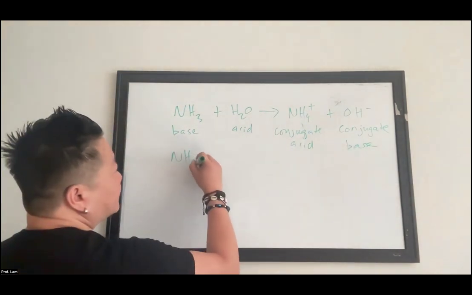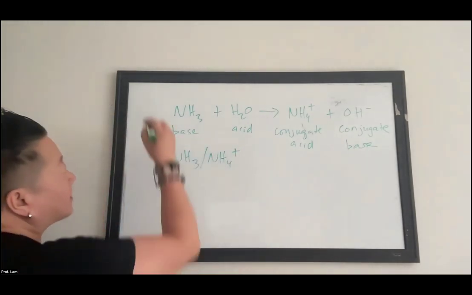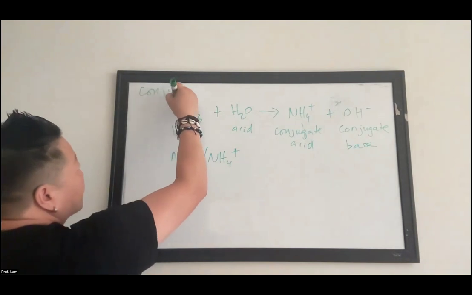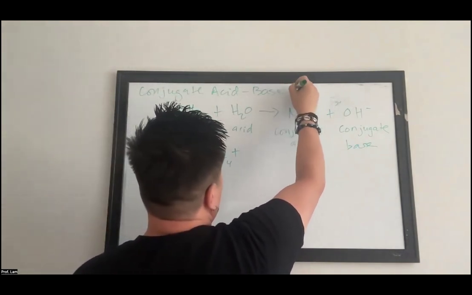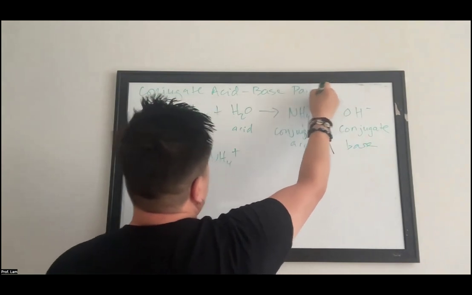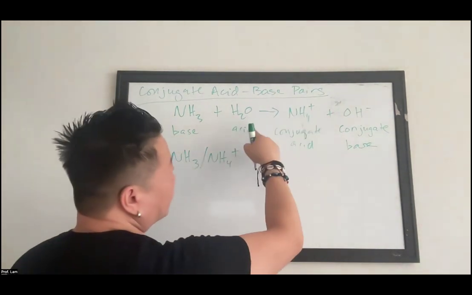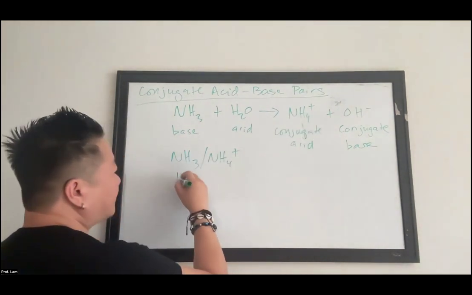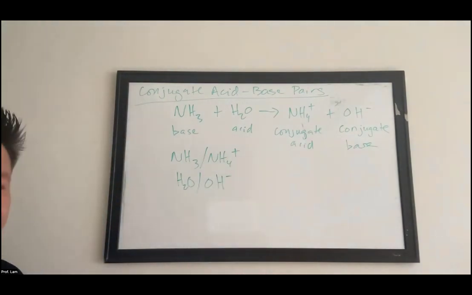And so these pairs here, NH3 and NH4 plus, this is called a conjugate acid base pair. And then the other conjugate acid base pair would be water and hydroxide.